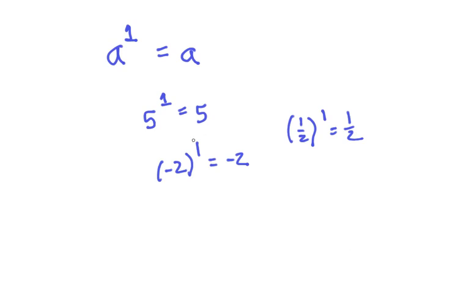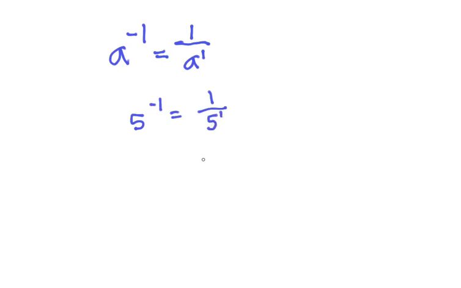Realize also that the equal signs here go both directions. So if I have some number like 8, I could write it as 8 to the power of 1 if that helps me with my math problem. Okay, let's go to the next one.